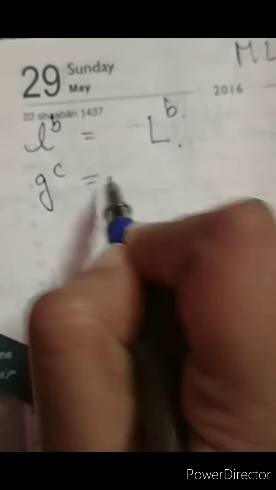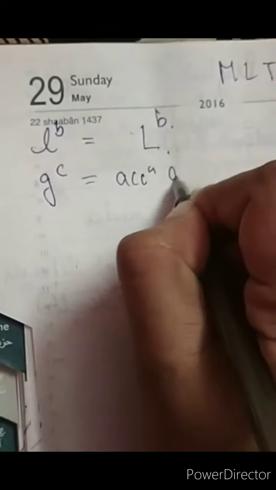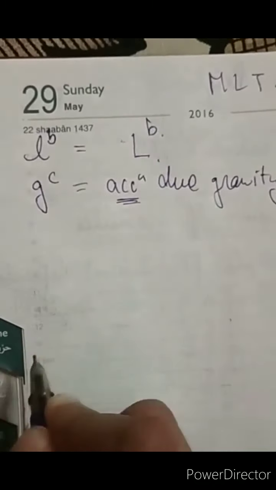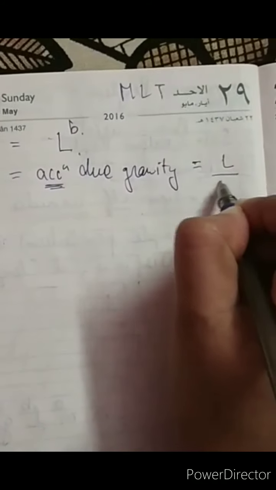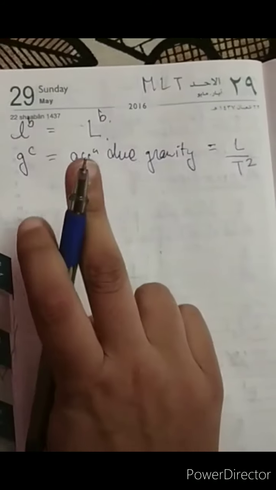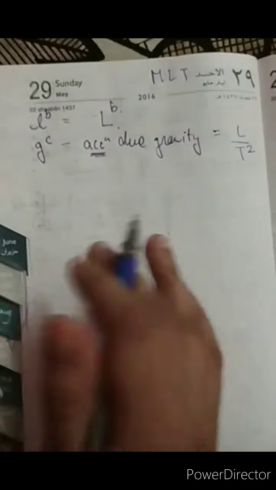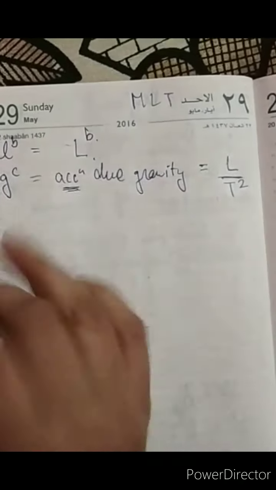What is g? Look, g is acceleration due to gravity. Okay, it's fine, no problem. The main thing is that it is acceleration. And how can you write acceleration? You can write it as L upon T square. I derived it in my previous parts, so please check on that. So acceleration, can I write it like L upon T squared? Okay, fine.